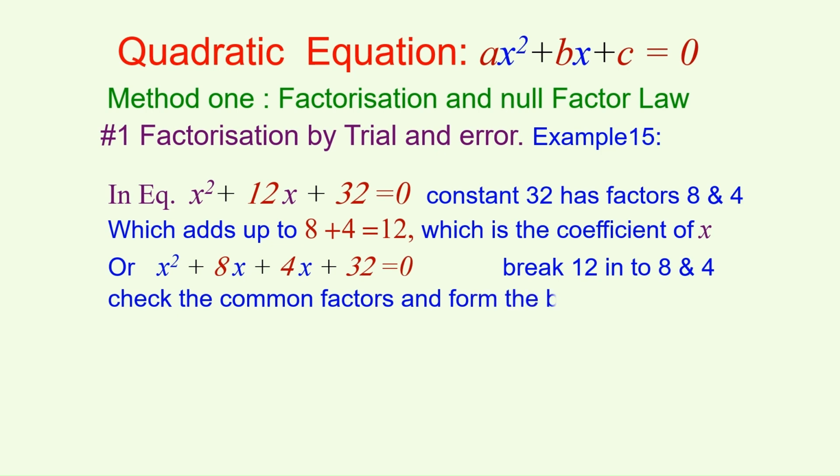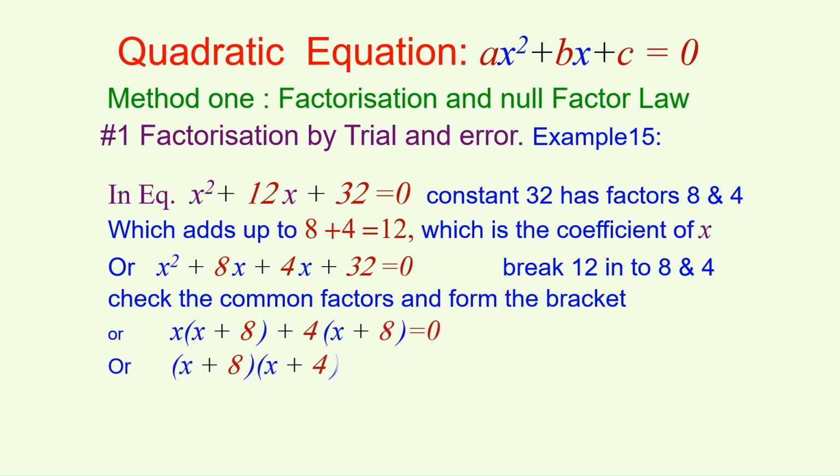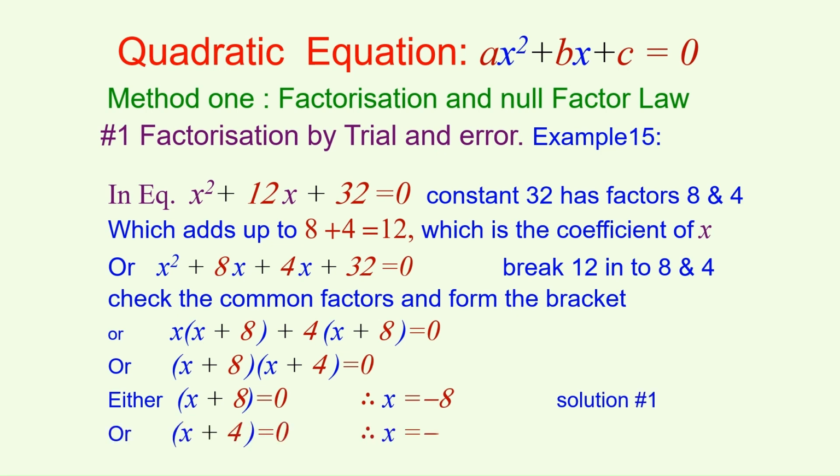Take the common factors out and form the brackets, or x times x plus 8 plus 4 times x plus 8 equals 0, or x plus 8 times x plus 4 equals 0. Either x plus 8 equals 0, therefore x equals minus 8 is the solution number 1, or x plus 4 equals 0, therefore x equals minus 4 is the solution number 2.